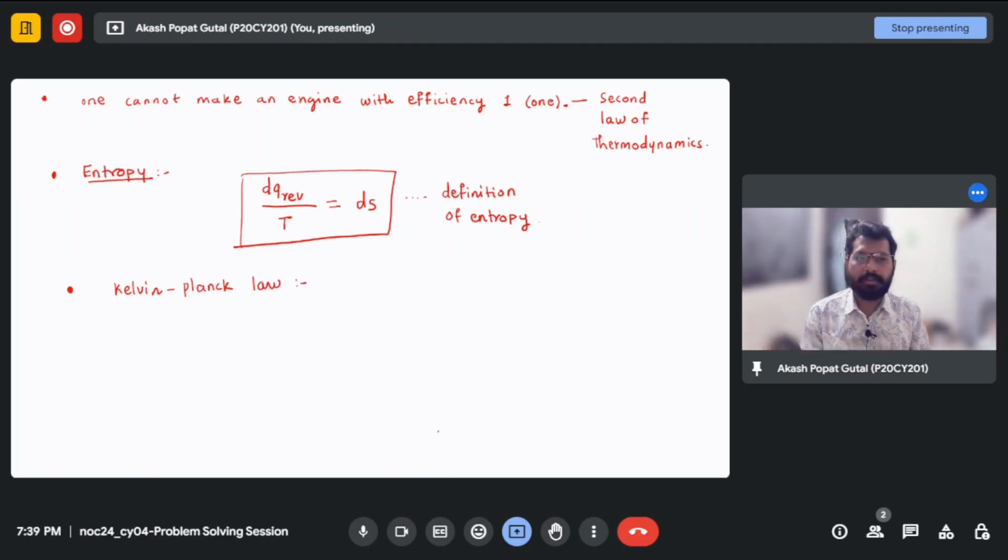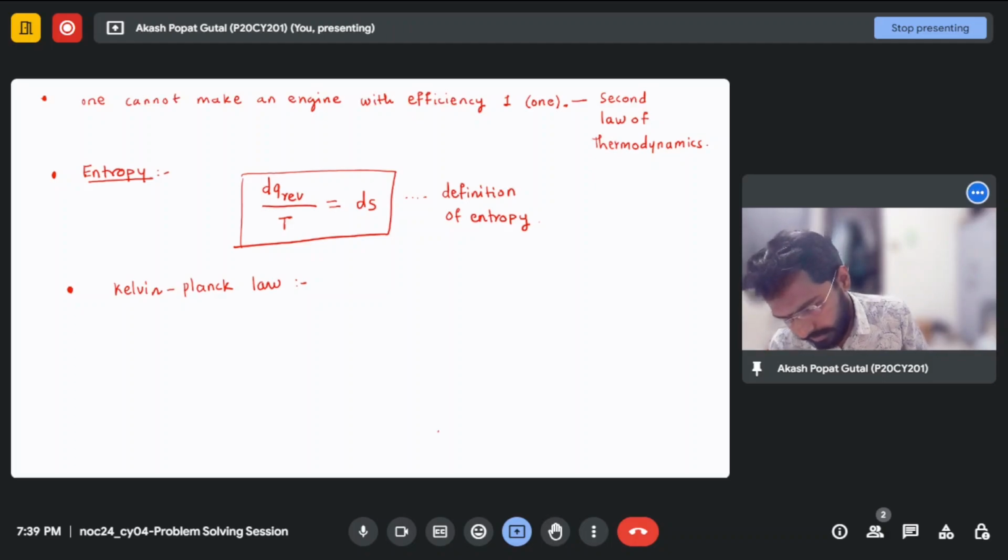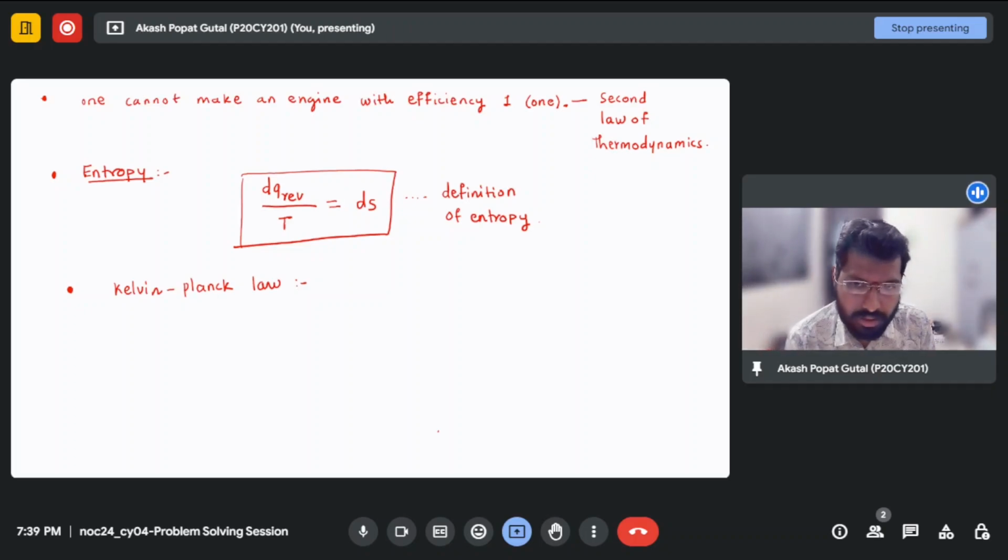What this law states is that it is impossible to construct any heat engine which takes heat from only one source. We can't construct any engine which only takes heat from one source and gives heat to the same source. So it is not possible.